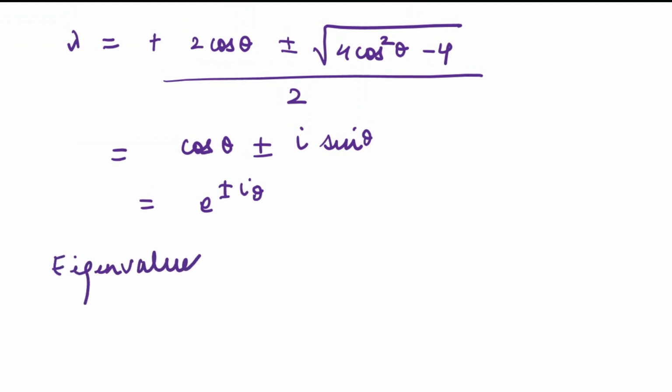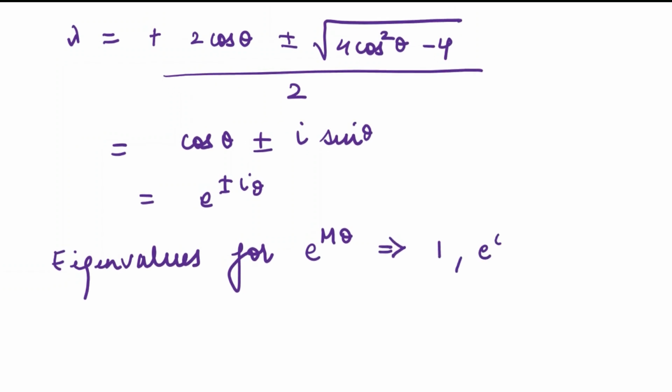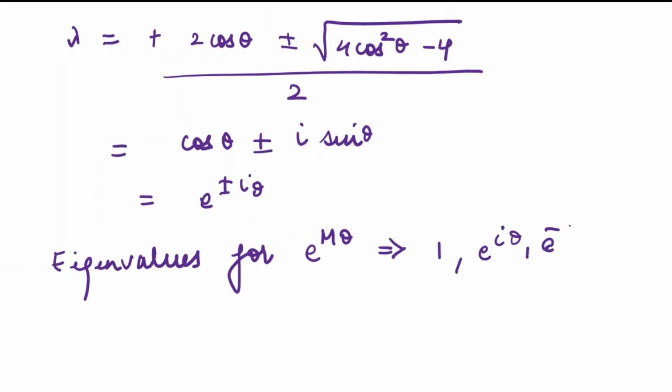So eigenvalues for e raised to power M theta are 1, e raised to power iota theta and e raised to power minus iota theta. Now we will check option 1.